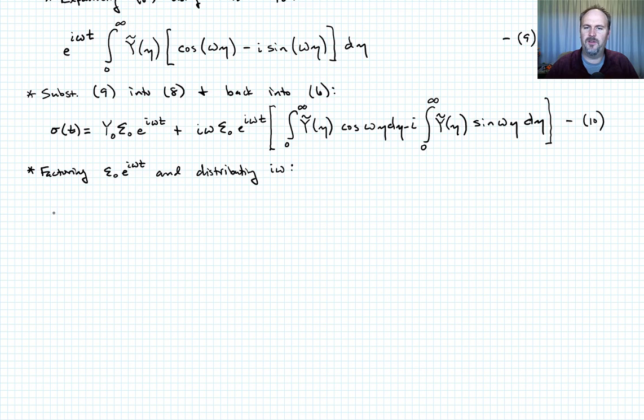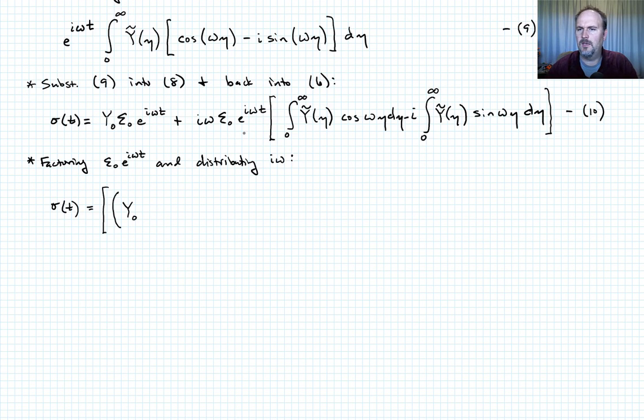Then what we can end up with is sigma as a function of t is equal to this quantity, which I'm going to put in parentheses so I can separate the real and imaginary parts. This first term is just y naught. When I distribute this i omega term into here, i omega multiplies a real, so this becomes imaginary.